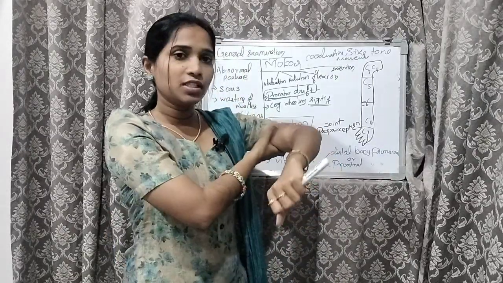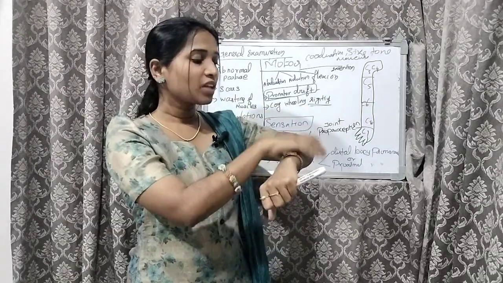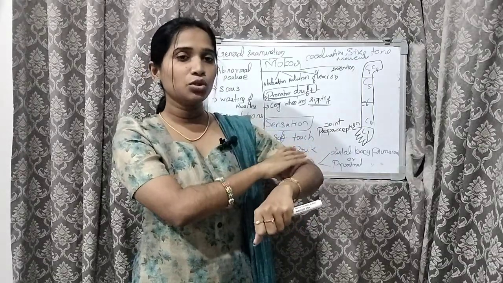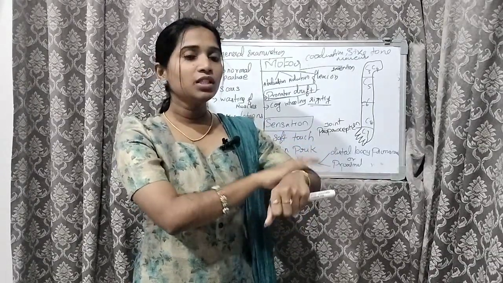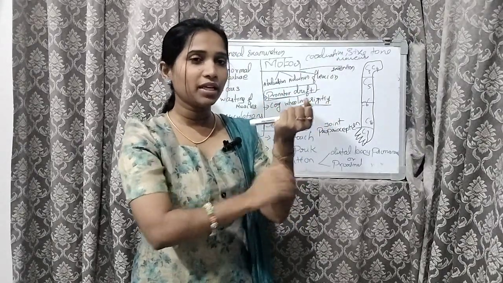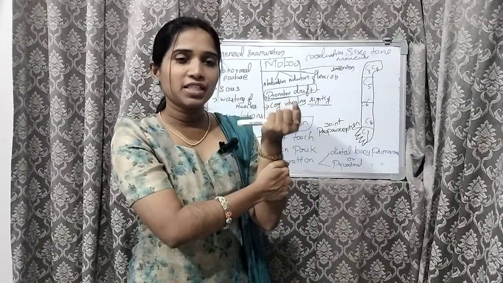Clear? So first you have to do an abduction, then adduction. After that for the wrist, once you have completed the shoulder, then you should come to the elbow and wrist. See, elbow, abduction. While they are doing abduction, you have to push against. Then adduction, you have to push against them.